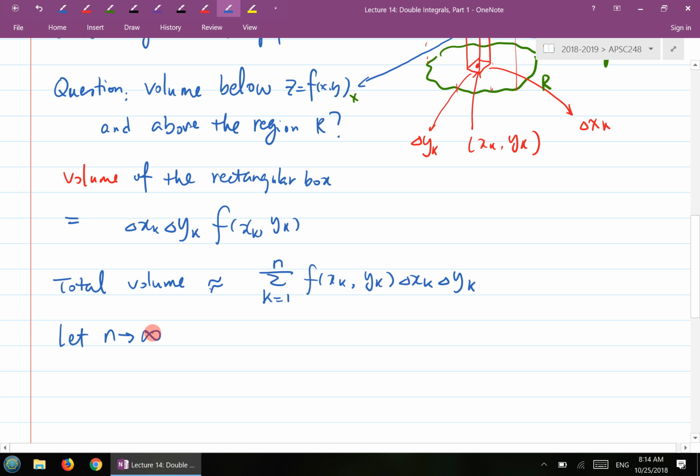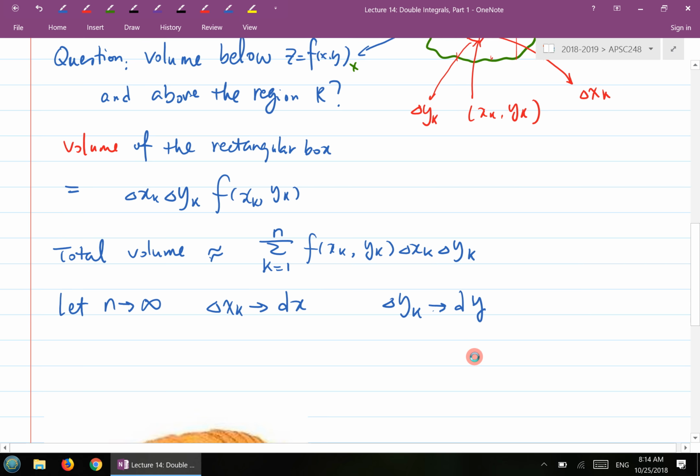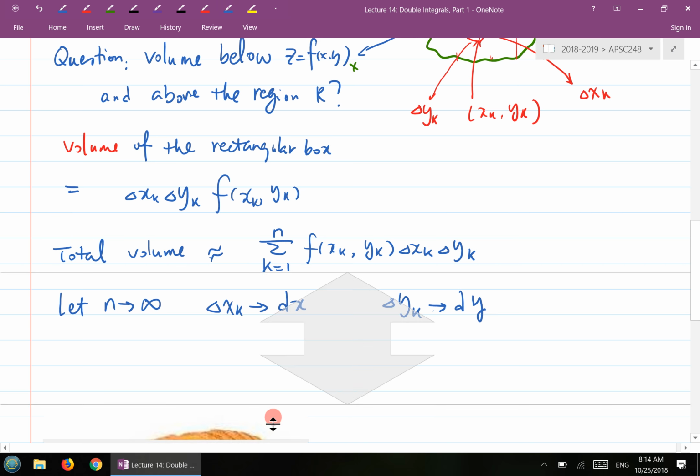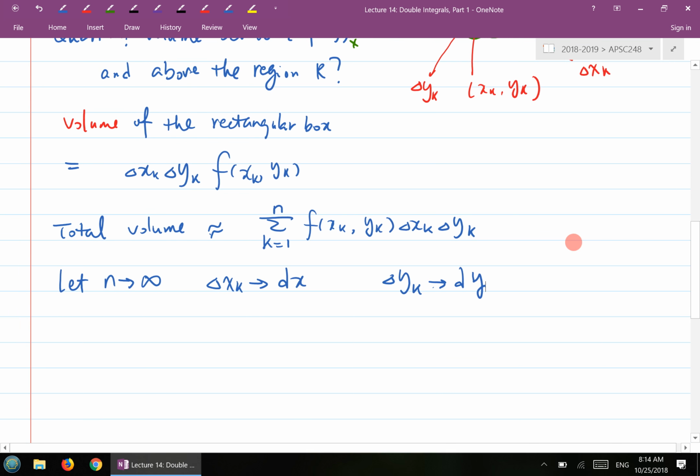If n goes to infinity, as always, your delta sign becomes a straight differential format. Your delta yk becomes dy, okay, and your summation sign will become the integral sign here.